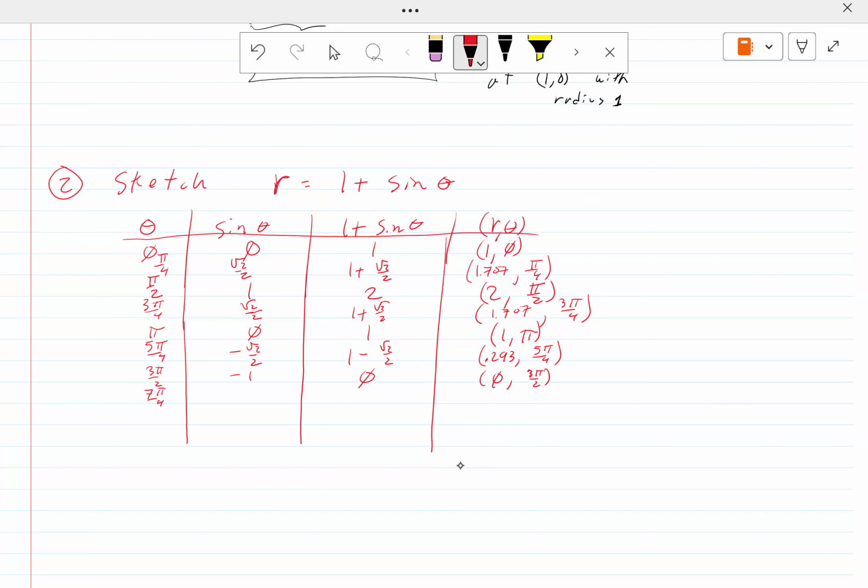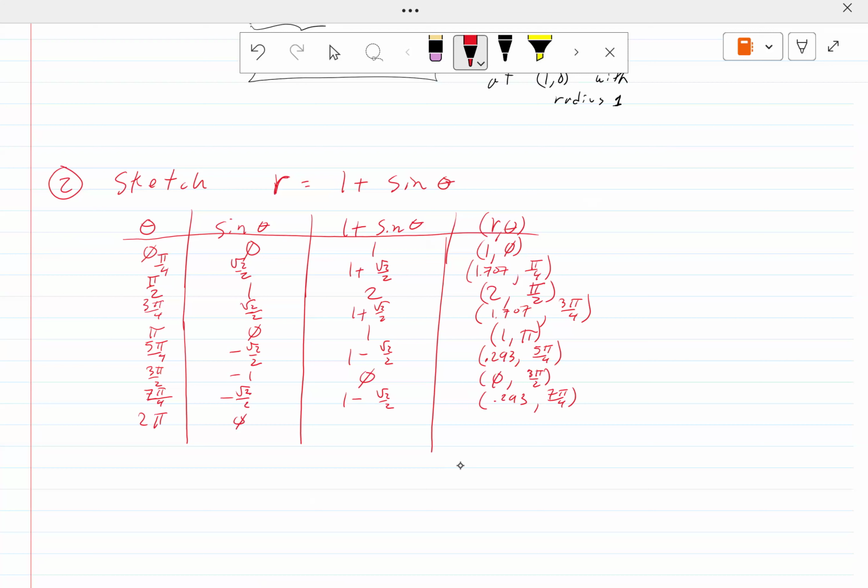7 pi over 4 is also negative radical 2 over 2, which is 1 minus radical 2 over 2, which is 0.293 and 7 pi over 4. And the last one we'll do is 2 pi.